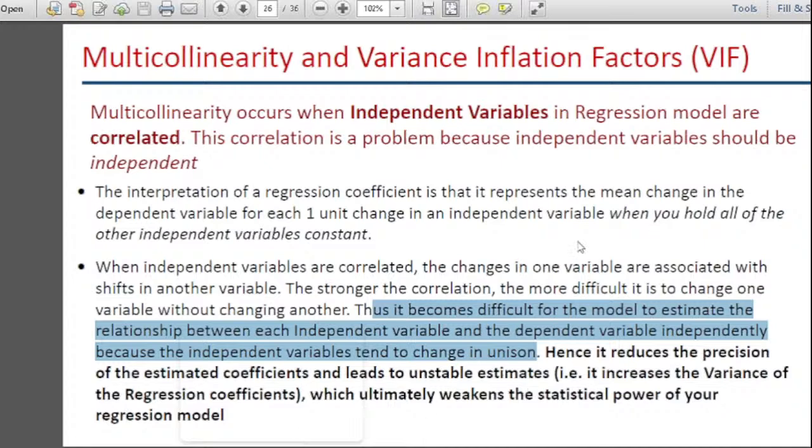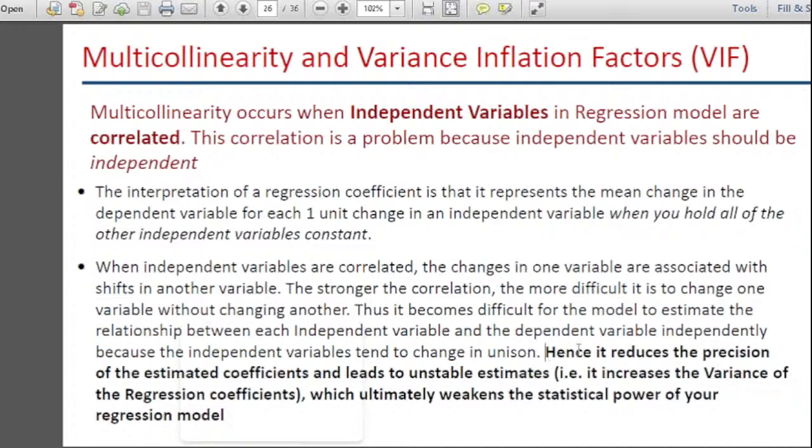So when this multicollinearity happens, it reduces the precision of the estimated coefficients and leads to unstable estimates. Now the coefficient of x2, because x2 and x3 are related, x3 is also impacting x2. The coefficient of x2 is unstable because it is dependent on x3 also.